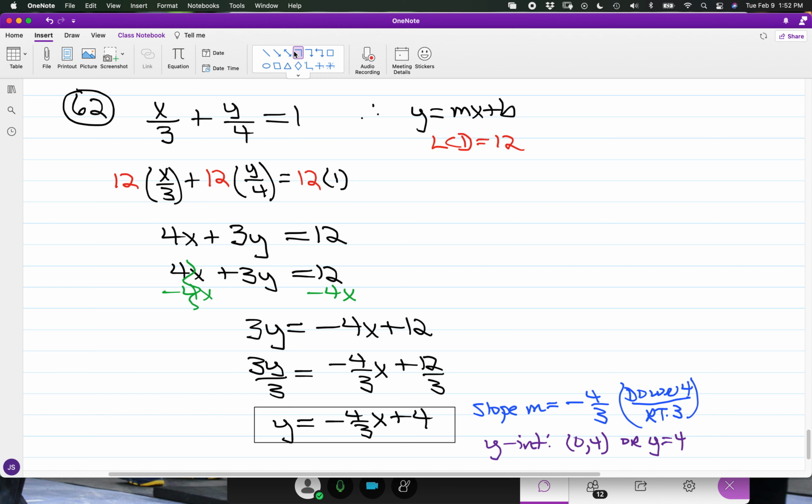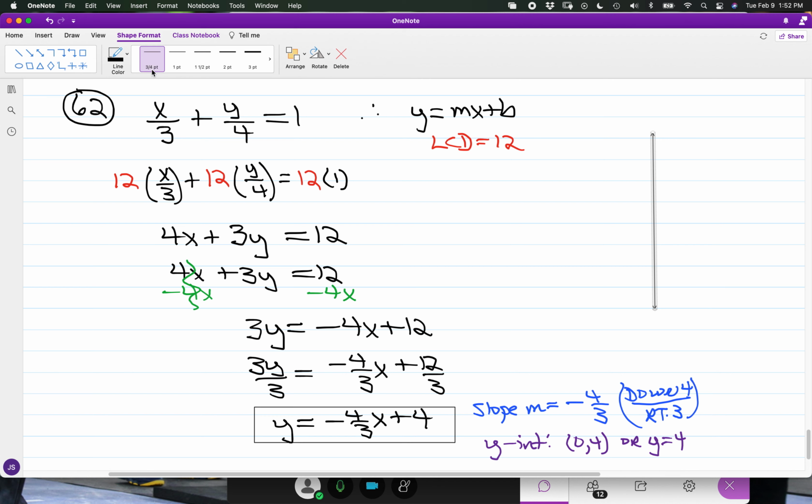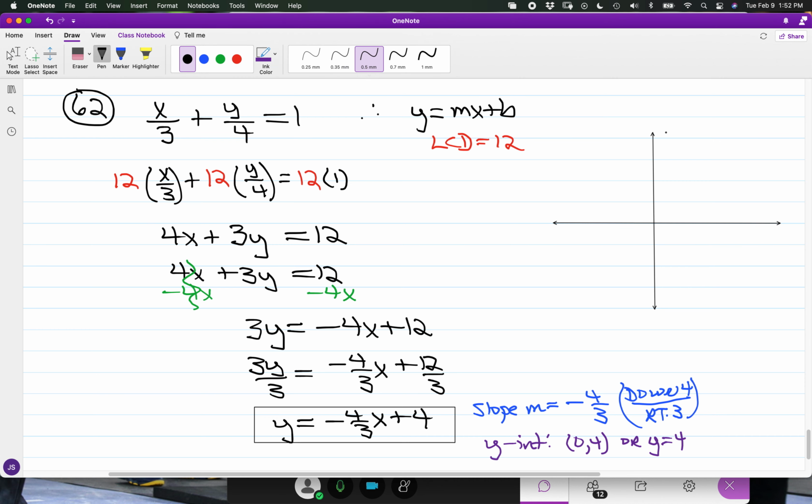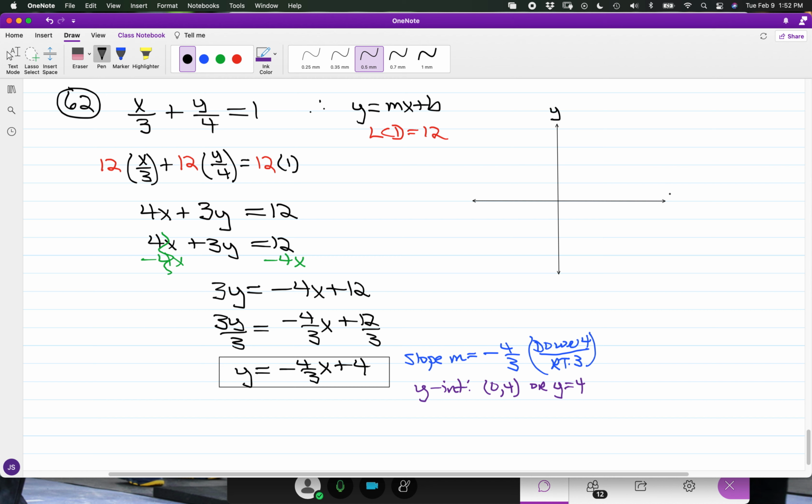And just taking a quick visual on this one. Yeah, I know the graphing does get a bit tedious. Okay, we're starting from the y-intercept at 0, 4.